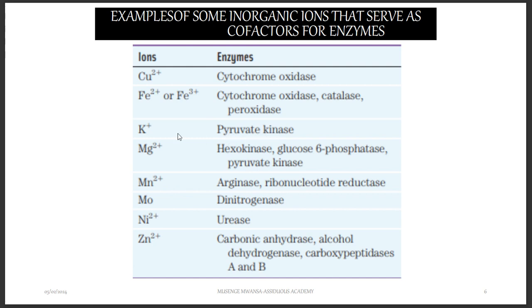So you can see pyruvate kinase is potassium. Some of this you just understand as you go on, because you are going to be looking at each topic, you look at one enzyme and then you also understand its cofactor. But you can also look at some so that you are not so much behind. You look at this table.